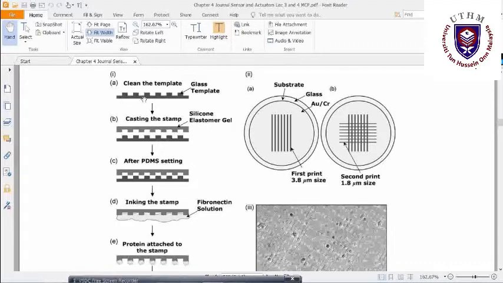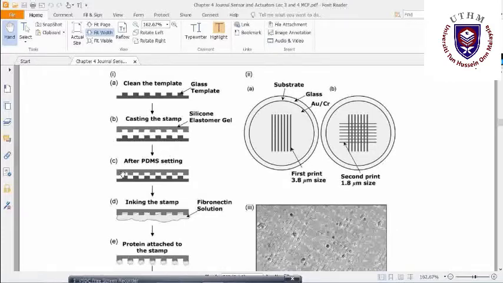Firstly, you have the clean glass template. Using this glass template, you use silicone elastomer. That means you prepare the silicone elastomer with a ratio of 2 to 98 percent for casting the stamp. When you pour it on top of the clean template, you let the polydimethylsiloxane PDMS stamp set on the template.